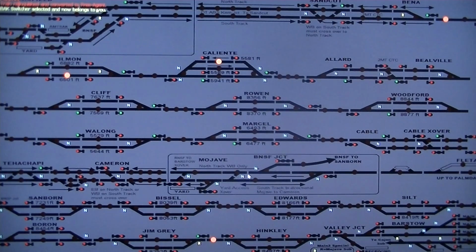That is the division point right here. So Mojave Yard is part of the RTS system. All the industries north of here, and including the 2 yards in Bakersfield and all the interchanges, are part of the system. Now you see there's a train running right now at Bena, for example.